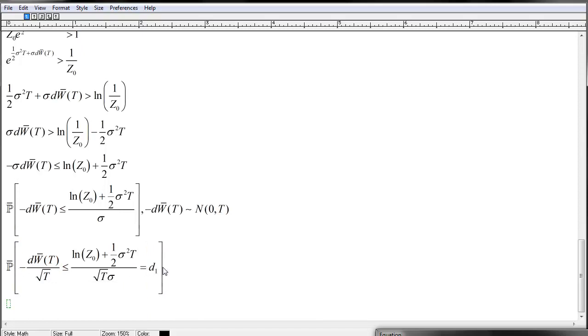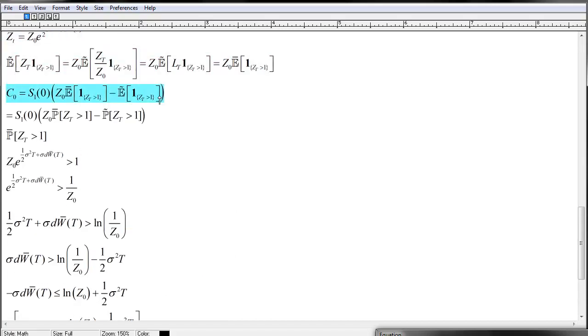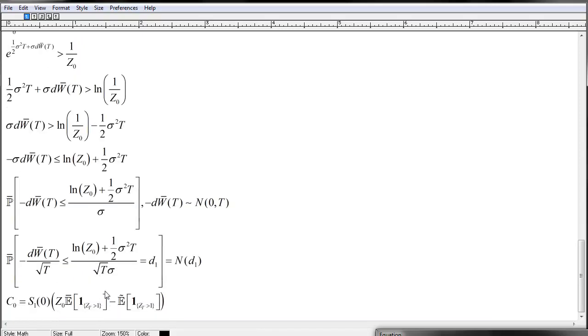So this is basically N(d1), where N is the standard normal cumulative distribution function. That means that in this expression we have this.